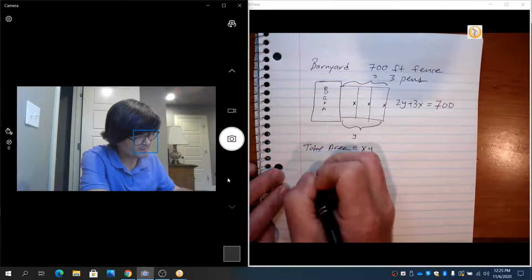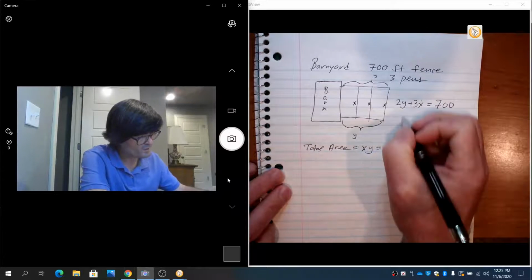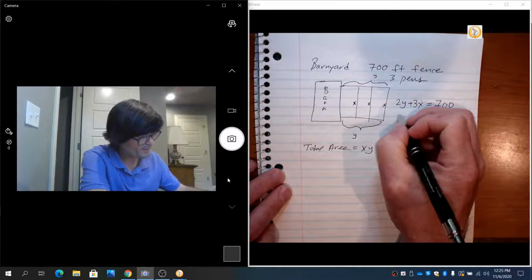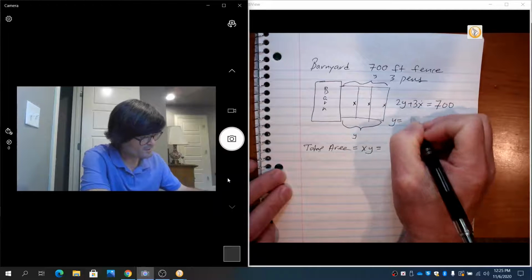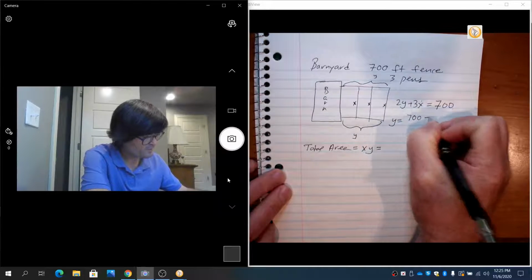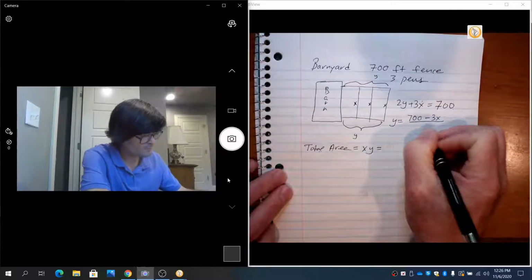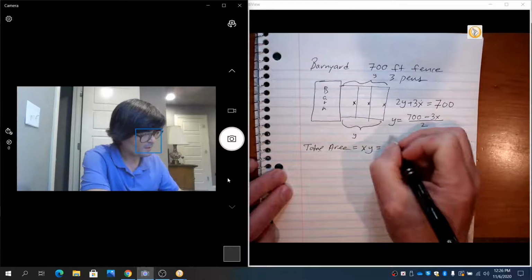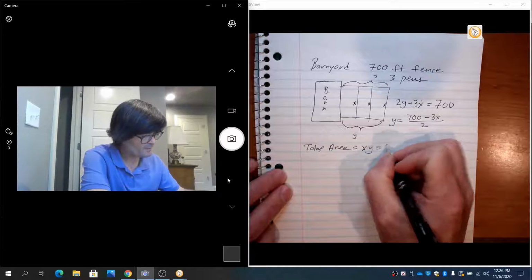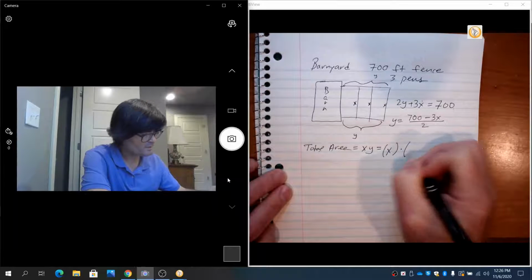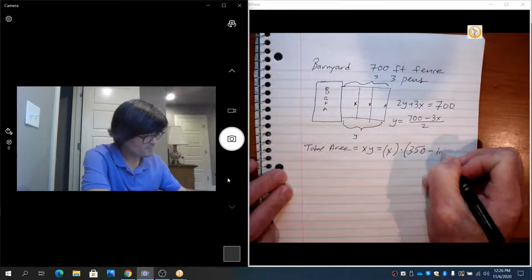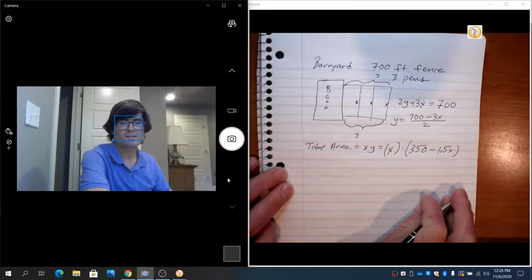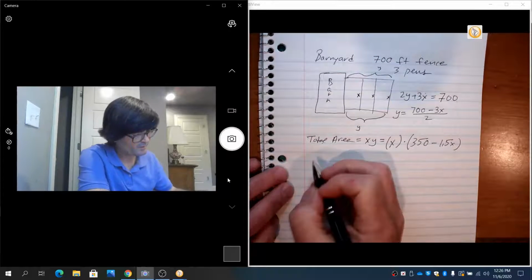So if you want to solve for y here again, subtract 3x, get y as 700 minus 3x over 2. And so we've got x times 350 minus 1.5x. That's the area as a function of x equation.